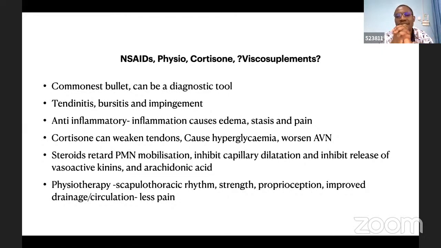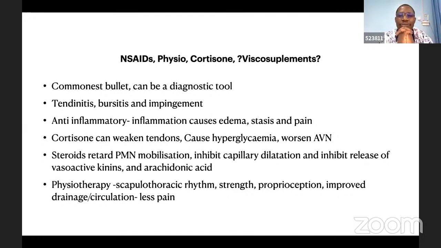And viscosupplementation is something that is still being discussed. I don't use viscosupplementation, but because it is one of the things in the literature, I'll probably just mention it. NSAIDs and cortisone make the mainstay of practice for anybody who has a little pain about the shoulder.